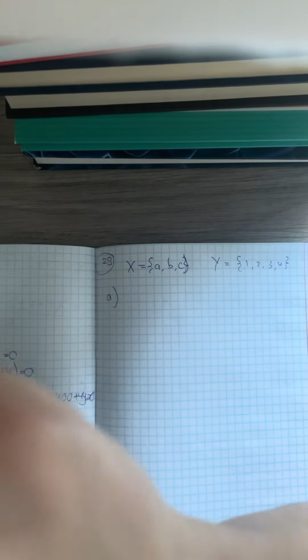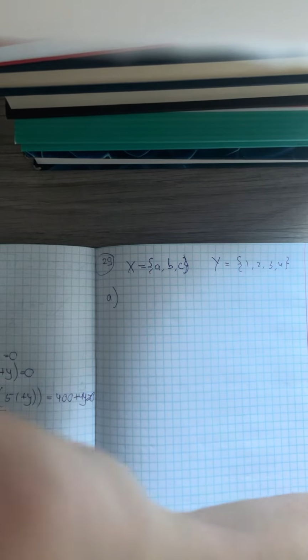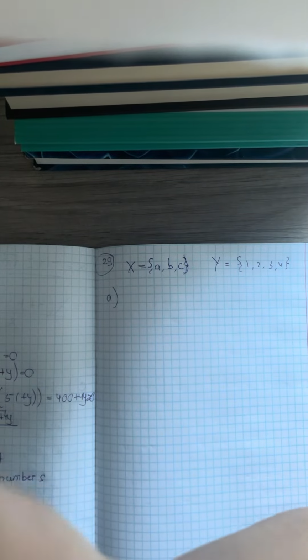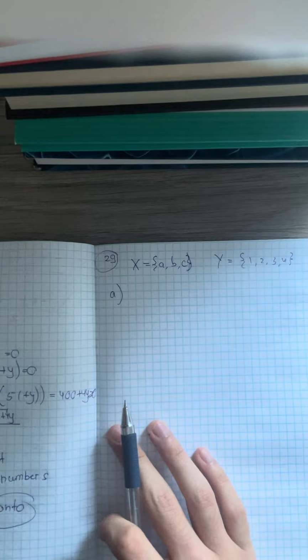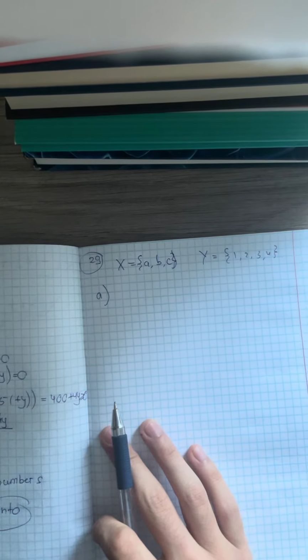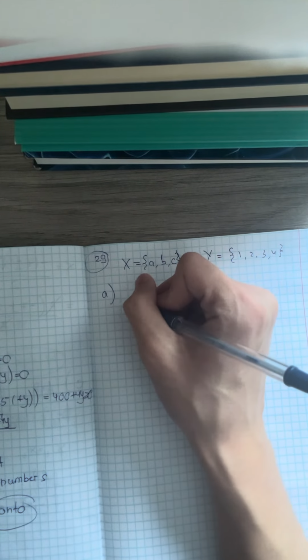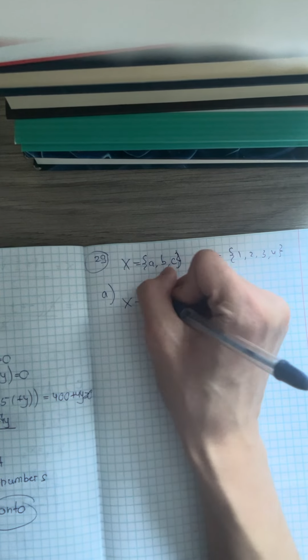So in the first case, we need to find how many one-to-one functions there are from X to Y and Y to X, and in each case list all the functions from X to Y.